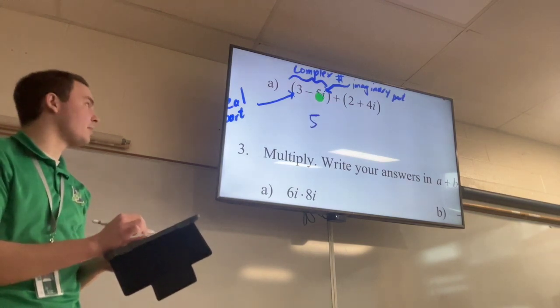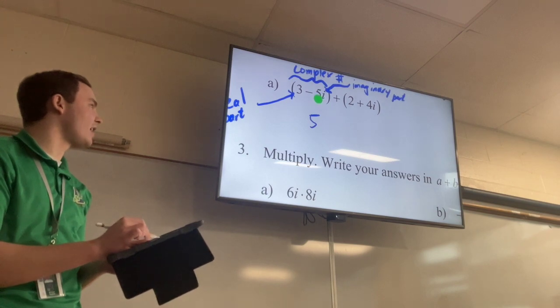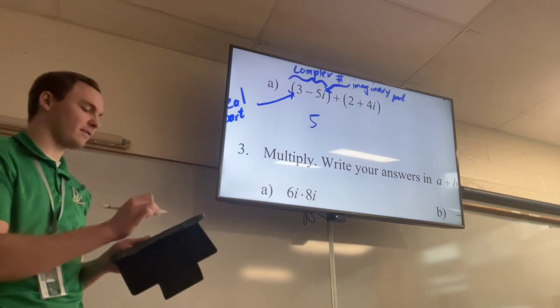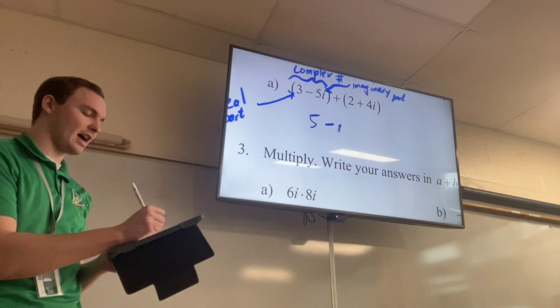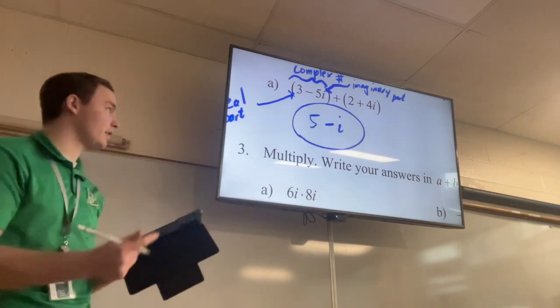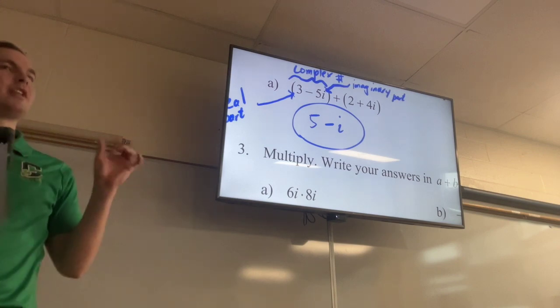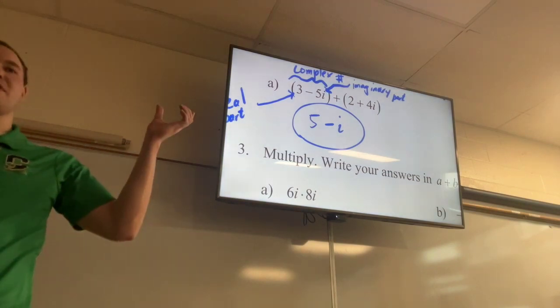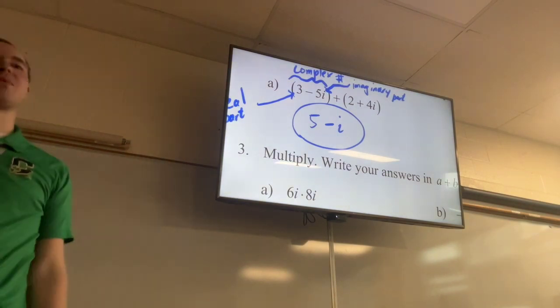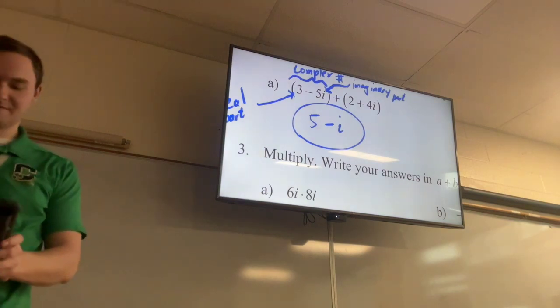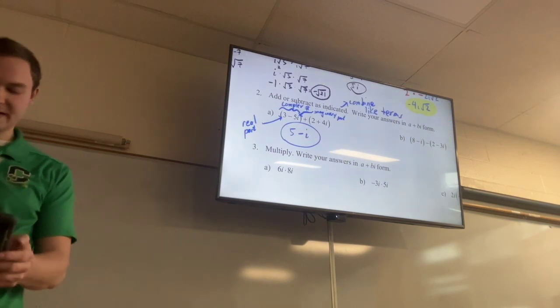And then we combine the parts that do have I. So that negative 5i and that plus 4i simplify to minus 1i. We treat I like a variable. It's just a special variable that has the property I squared equals negative 1.